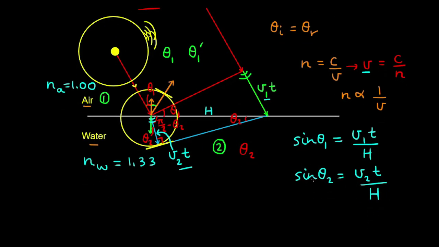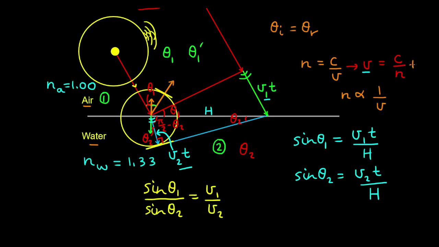And now if we divide these together, we get sine of the incident angle in medium 1 on the sine of the refracted angle in medium 2 is V1 on V2.